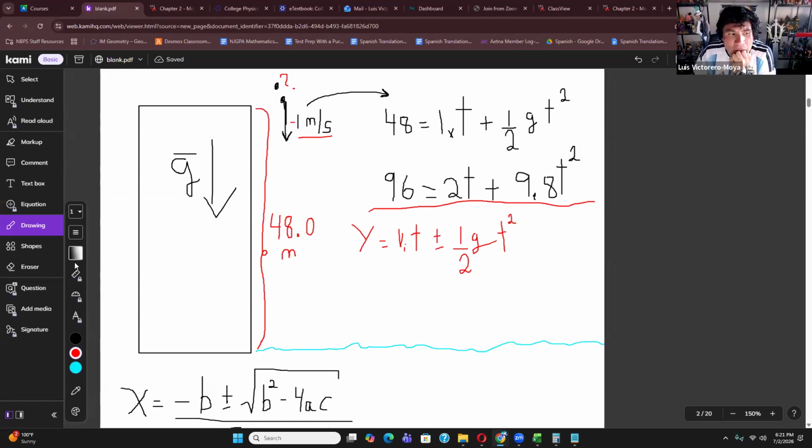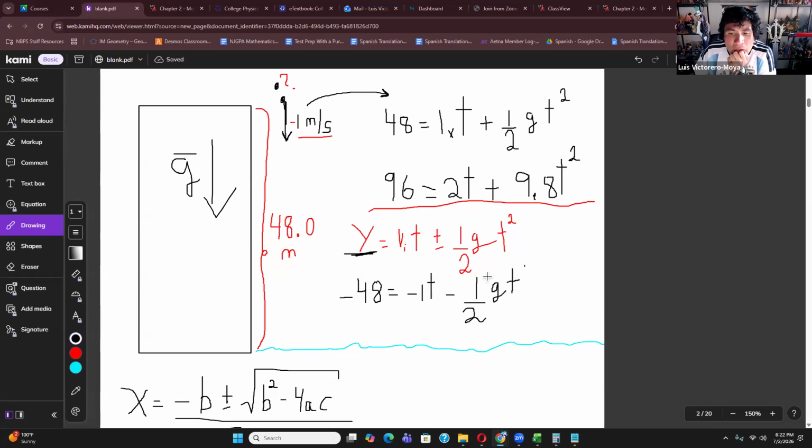So how do I get this? Because like I was explaining, since you're going downwards, the y value is not 48, but it's -48. So -48 is -1 times time. Gravity is going down, minus 1/2 gravity times t squared.